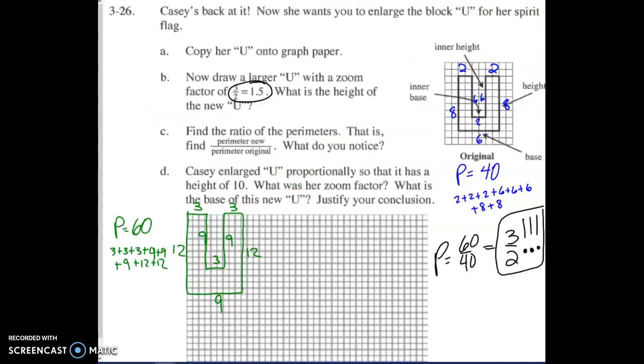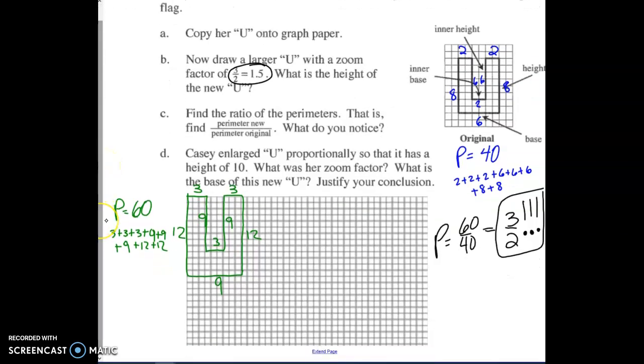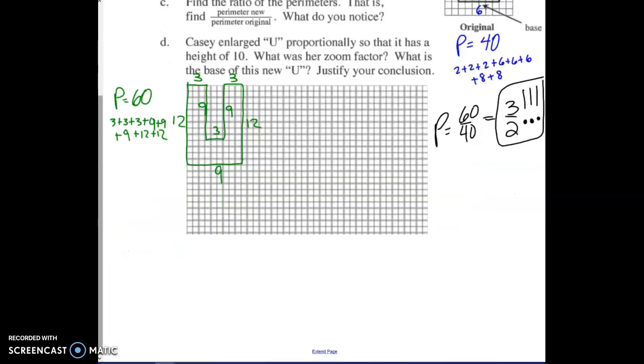When we got to 26, Casey's back at it. Now she wants to enlarge block U. Long story short, when we enlarge it by a ratio of 3 over 2 or 1.5, these are our new measurements: 3, 9, and 12, depending on where they are.